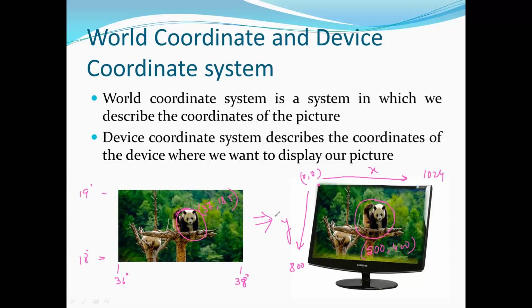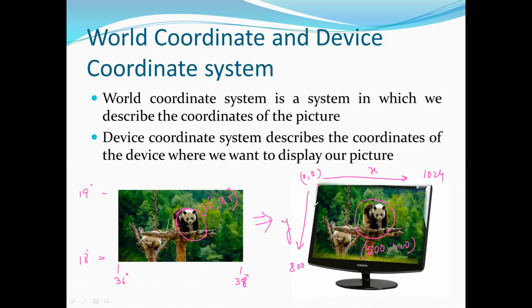So you can see the coordinate is changed. This image belongs to the world coordinate system and this image belongs to the device coordinate system. In the world coordinate system, the location of this object was 37 degrees and 18.5 degrees. But when we project this image through our display device, the coordinate changes from 37, 18.5 degrees to 500, 400.